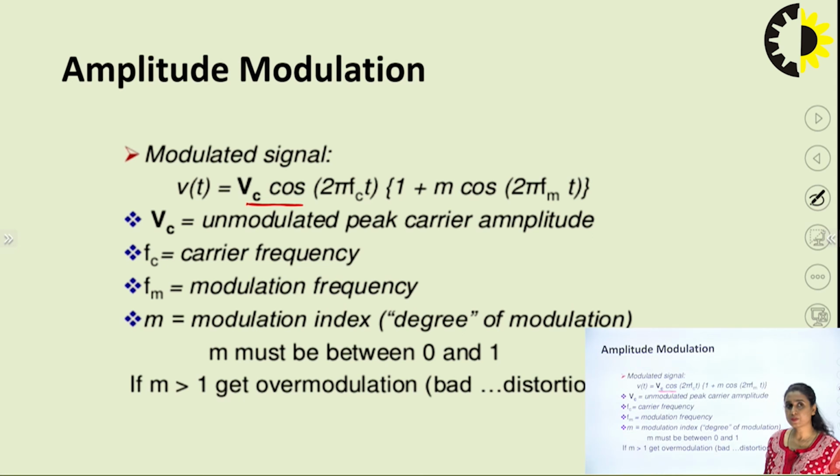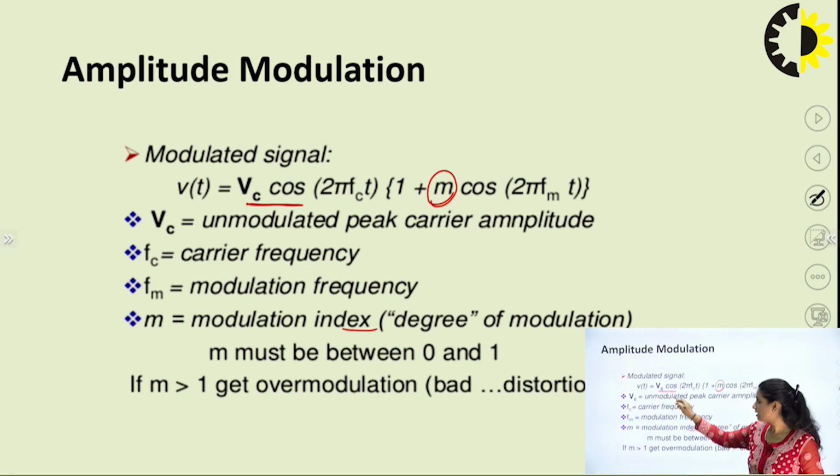When I add both signals, one over another, this is the final expression that I get: v(t) = Vc cos(2 pi fc t)[1 + m cos(2 pi fm t)]. This is something that we need to understand. That m is the modulation index, which I'll explain in the next lecture.